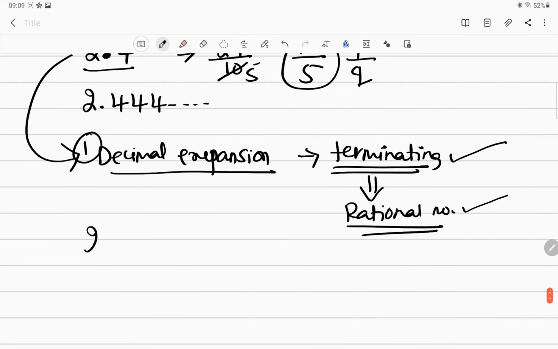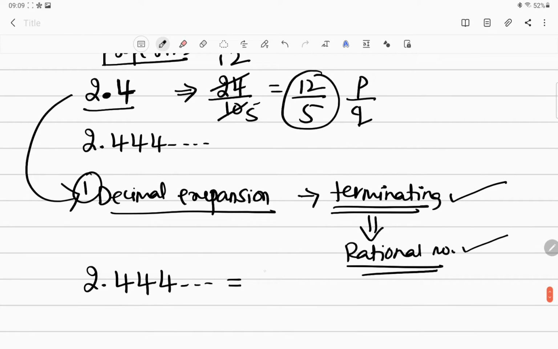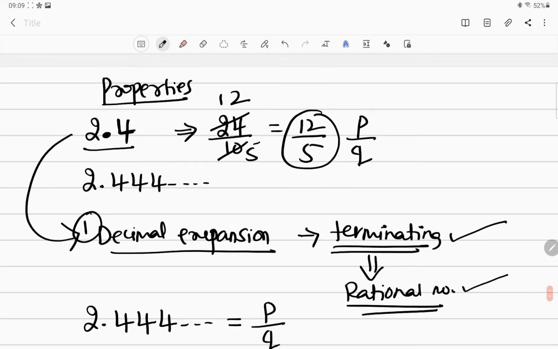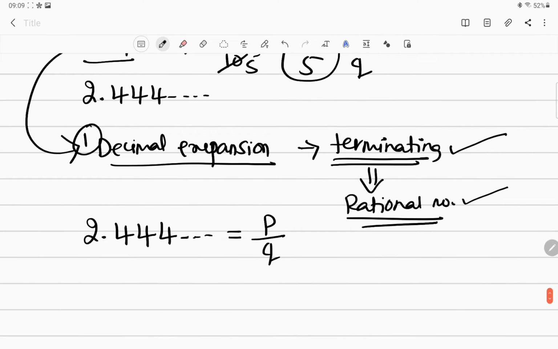Now look at this: 2.4444 continuously. Is it possible for you to immediately write it in the form of p by q? No. 2.4 you wrote as 24 by 10, but 2.444 continuously, you are not able to write immediately. There is a method for this which you learnt in 9th standard, but that is not required right now.